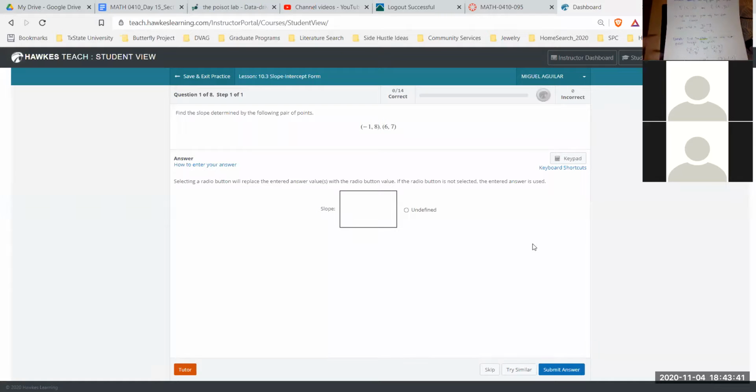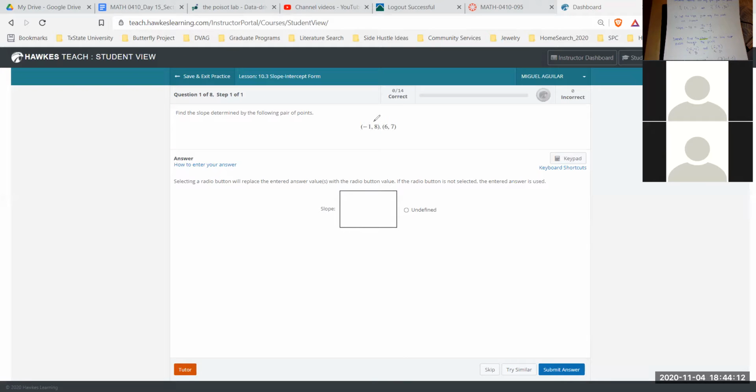Okay, so now I'm sharing with you guys my screen so that we can see a problem like this that you'll be confronted with in Hawks. It says determine or find the slope determined by the following pair of points. Okay, can everybody see my screen? Yes. Okay, good. What you're going to do here is we just want to label the 2 points that they gave us.